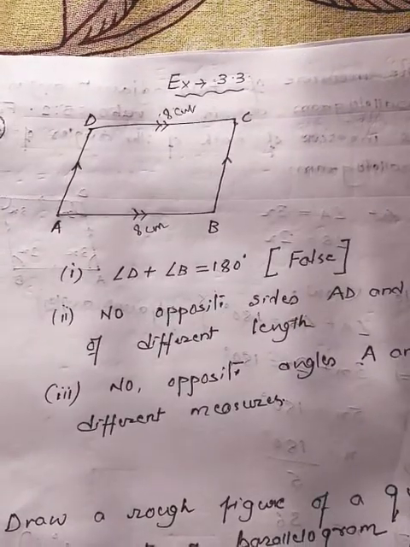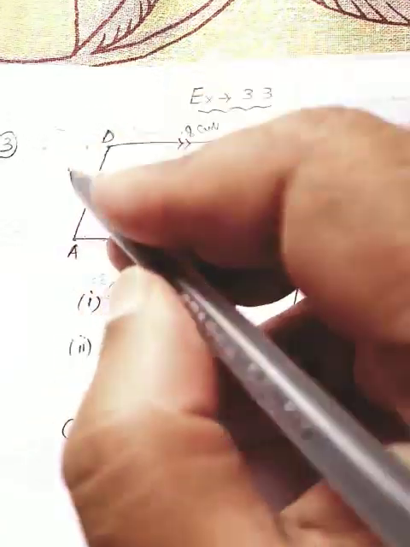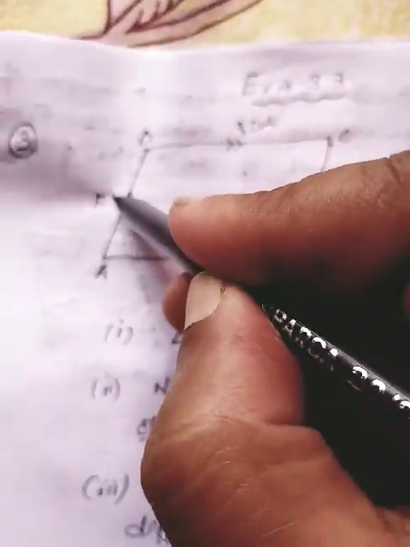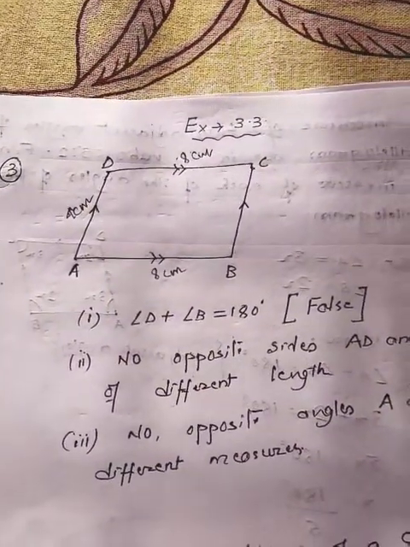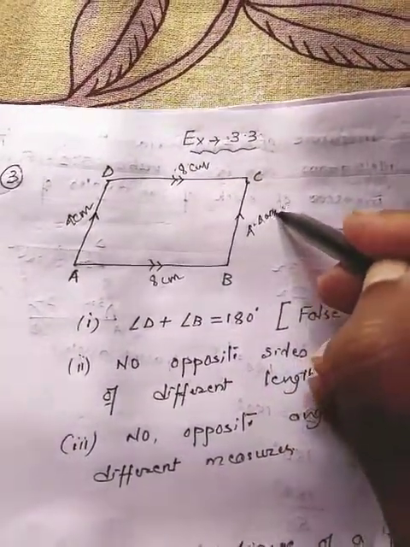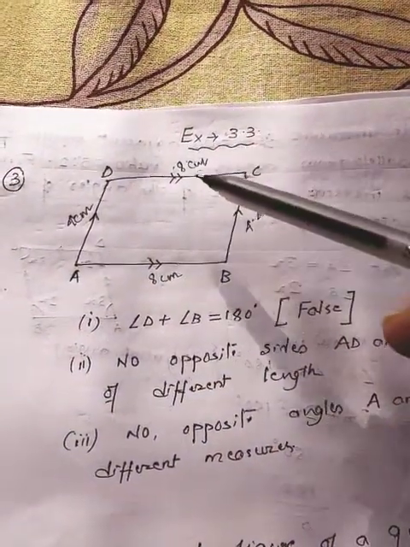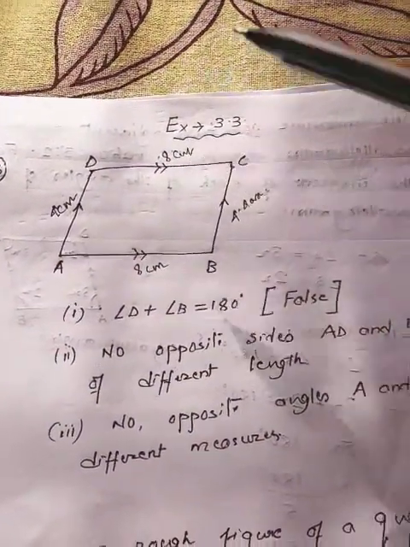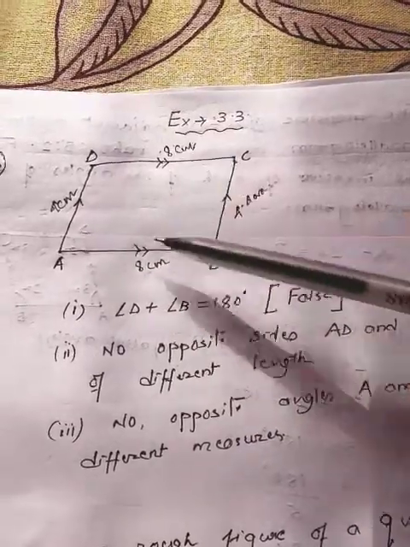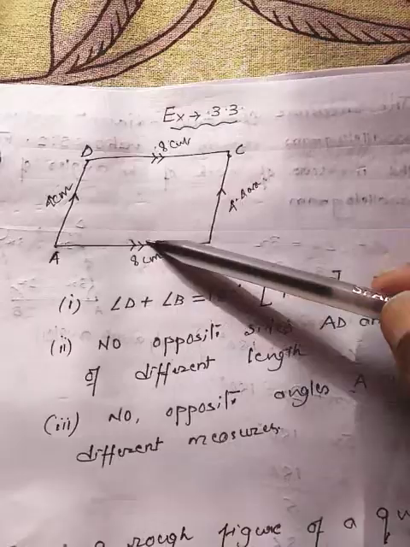Along with that they have given another value, AD equals 4 centimeter, and BC they have given as 4.4 centimeter. Is this not matching with the property of parallelogram? If you see these two sides, it is matching, because we know that in a parallelogram the opposite sides are parallel and equal.